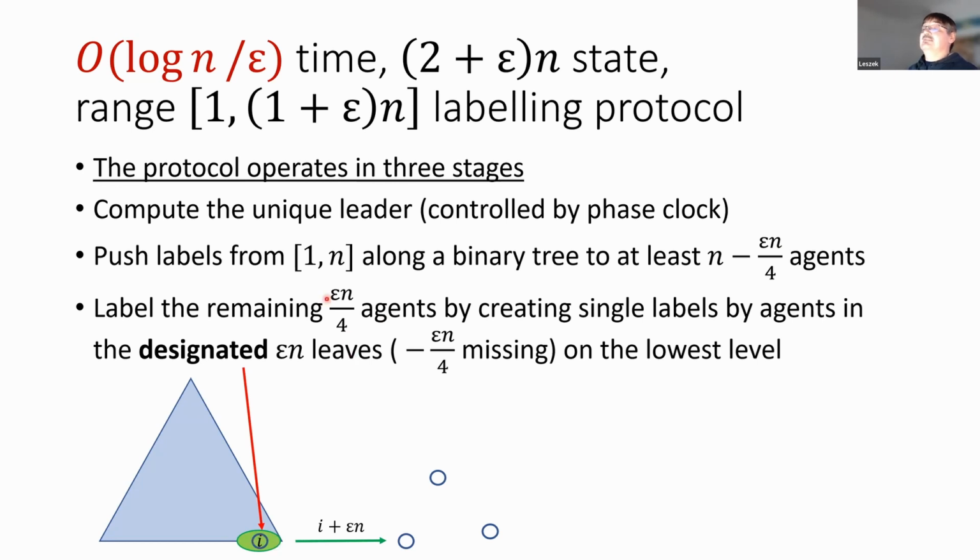But that many labels could be missing, because they are in this other group, unlabeled yet. Still, we have 3/4 of that, so a fraction of epsilon times n. These we can easily enumerate in extra logarithmic time with labels i plus epsilon times n. So we use only this bottom right corner in this expansion tree.